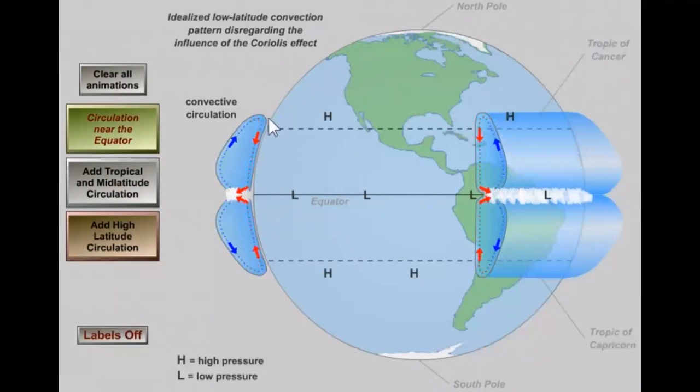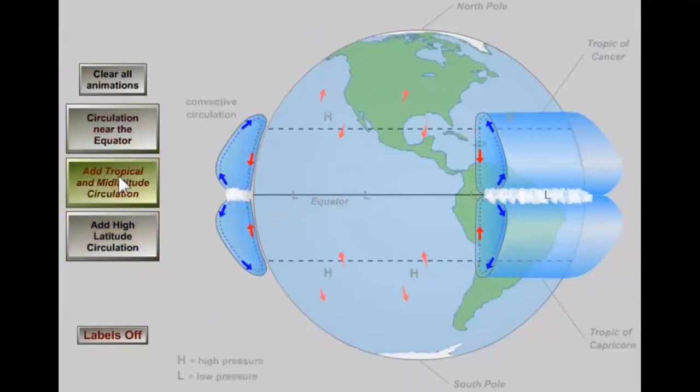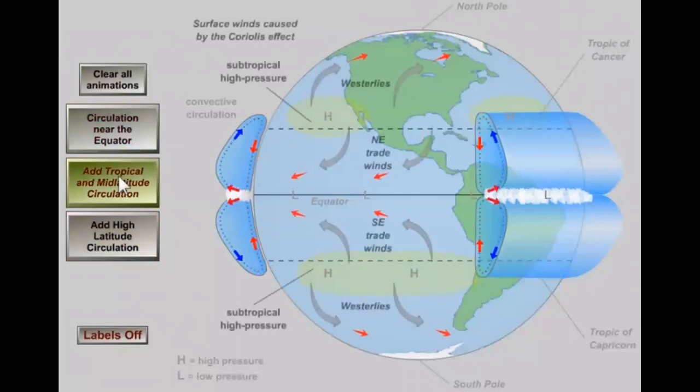Now, as this air circulates and tries to flow back toward the equator along the surface of the Earth, or as some of it heads toward the North Pole or toward the South Pole, the Coriolis effect, the spin of the Earth, causes it to bend and turn, and it's going to create two big wind belts that prevail on our Earth, 2 out of 3. The trade winds, northeast trade winds and southeast trade winds, and then the prevailing western. Now these winds curve in the way they do because of the Coriolis effect.